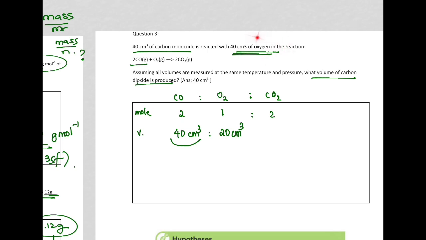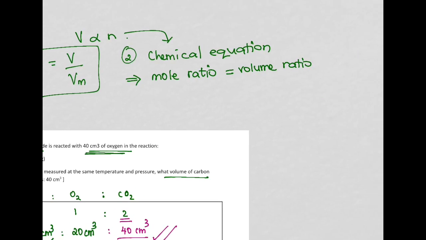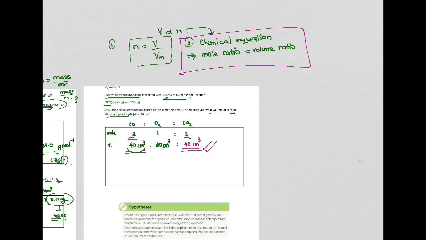So even if I am providing 40 centimeter cube of oxygen, this is in excess. So only 20 is reacting because of the mole ratio. And this is going to give 40 centimeter cube of carbon dioxide because this is 2:2. So 40:40. So then volume of carbon dioxide produced is 40 centimeter cube. So there isn't much calculation here because mole ratio can be equated to volume ratio. So make sure you remember these two when working with volume and number of moles.